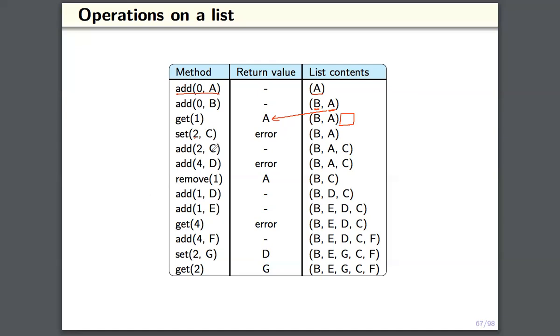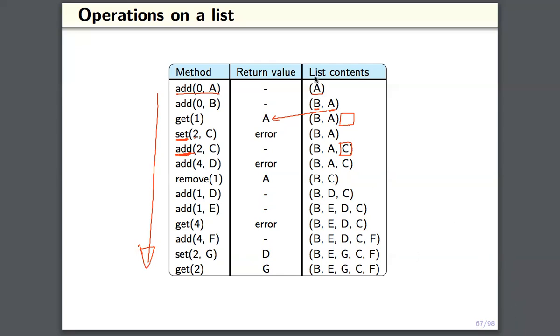I mean, it is a modification, so hence you are getting an error. Similarly, add 2 c. Add is fine. Setting is modification, and it was not existing. Adding means you create an entry and add it, right? And you can follow all these operations.